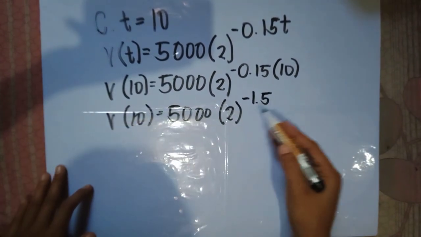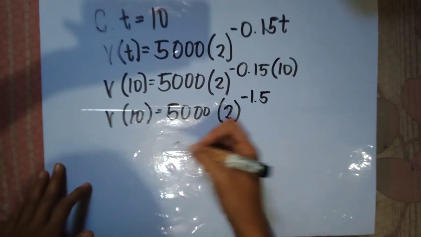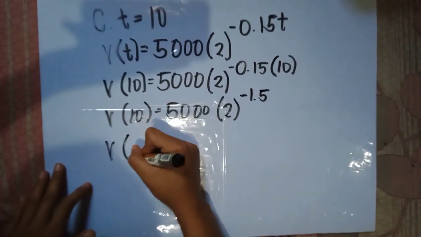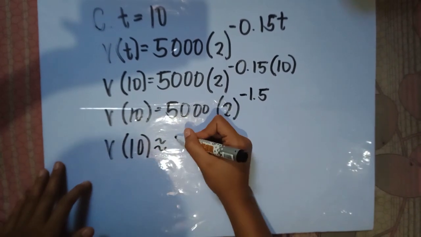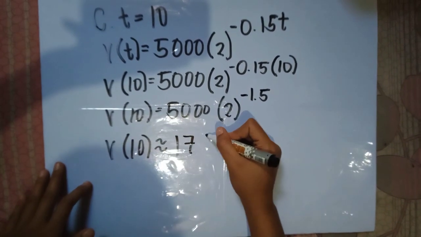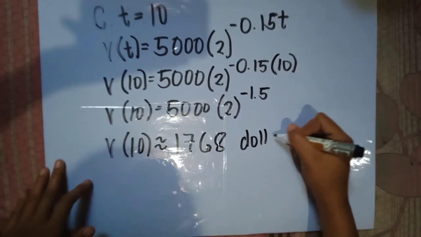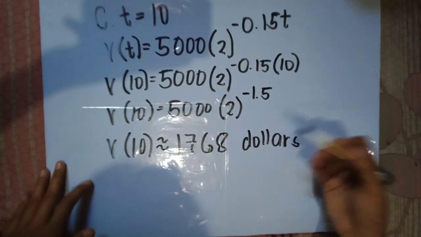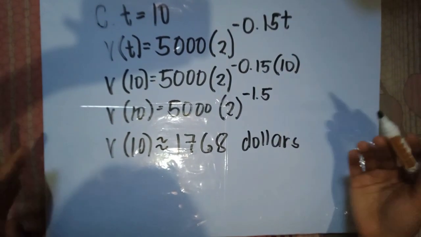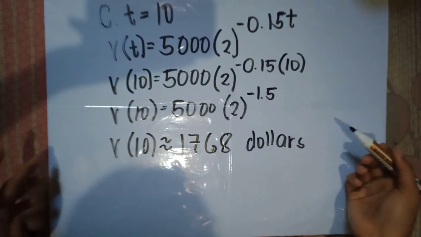If you will input this expression to the calculator, the result is approximately v of 10 is approximately $1,768. Therefore, the value of the machine 10 years after the purchase is $1,768.